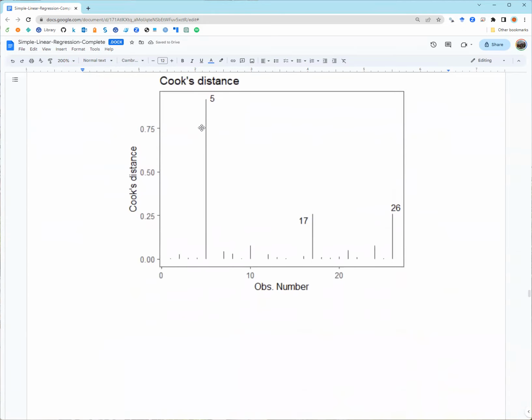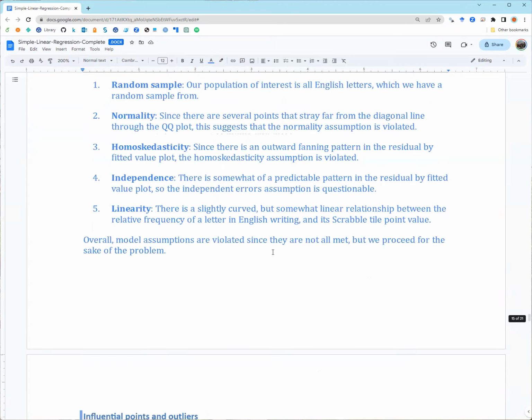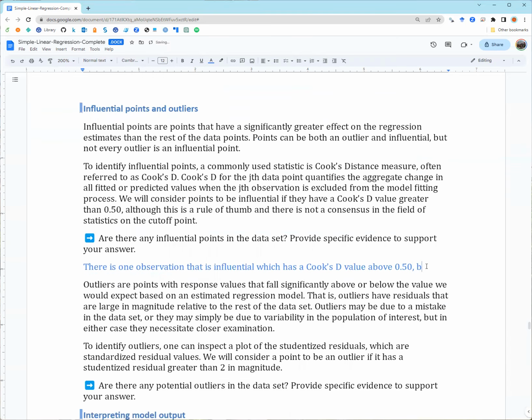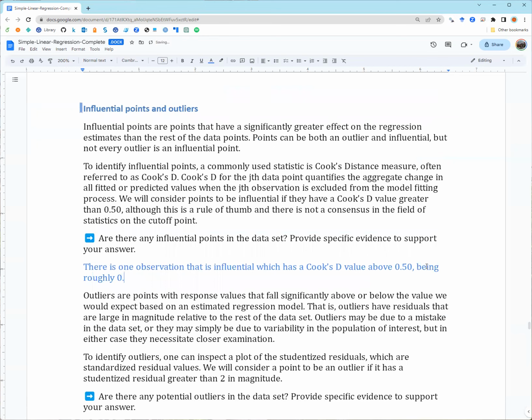And specifically, it looks like it's about 0.09-ish. So that's how we look for influential points.